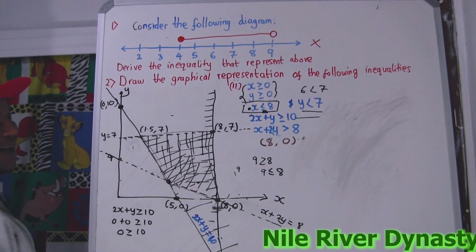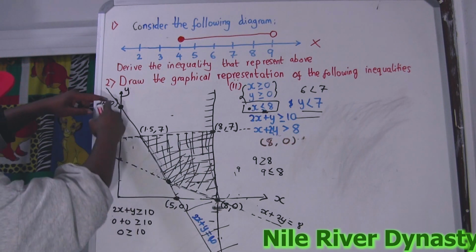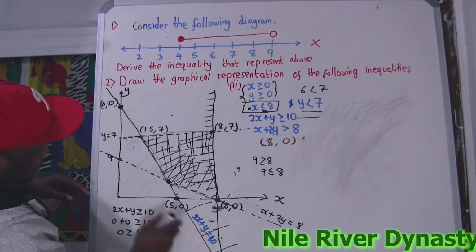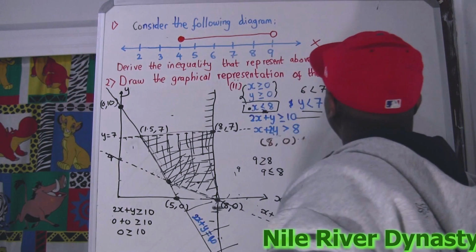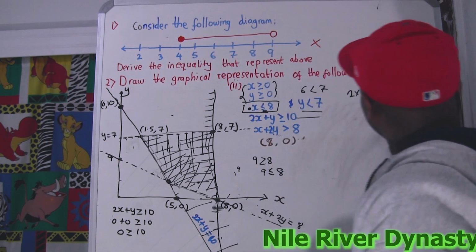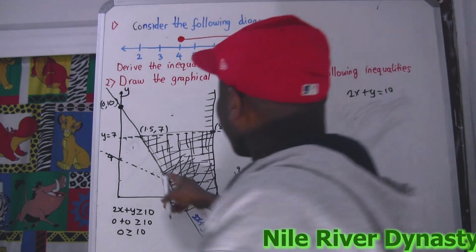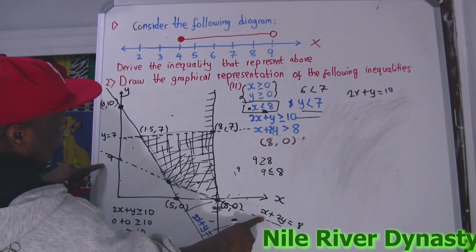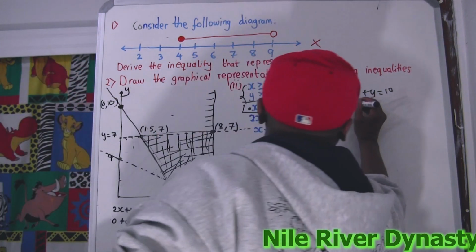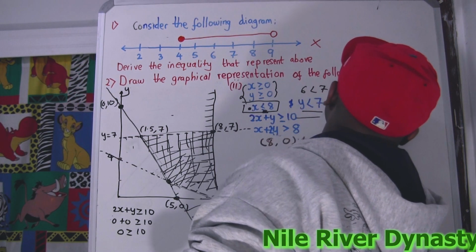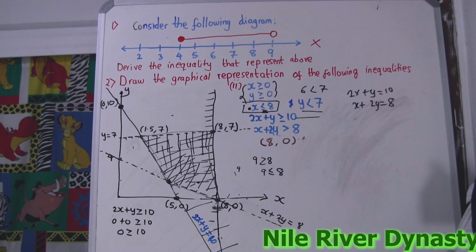So take this equation, 2x plus y equal to 10, because this line is going to intersect with this line, x plus 2y equal to 8. So I can solve this.